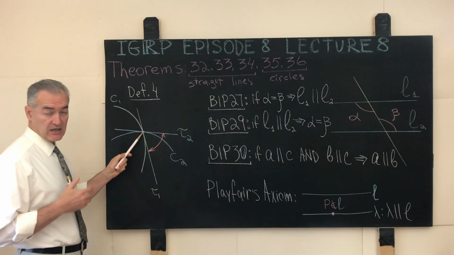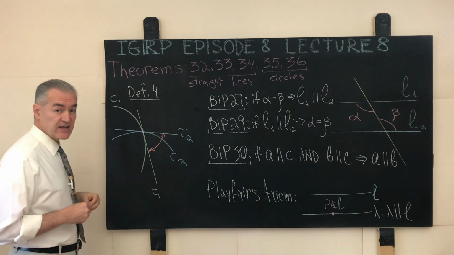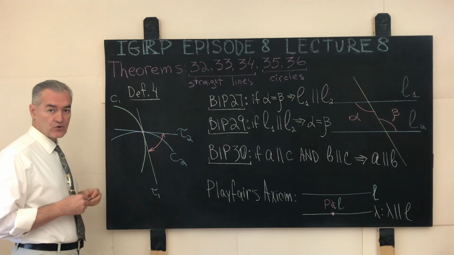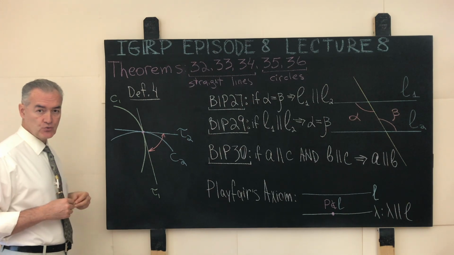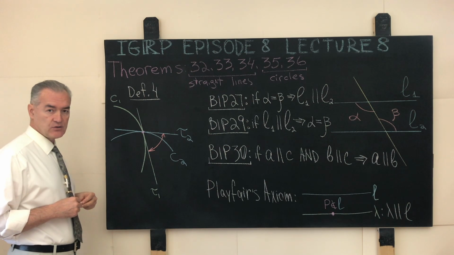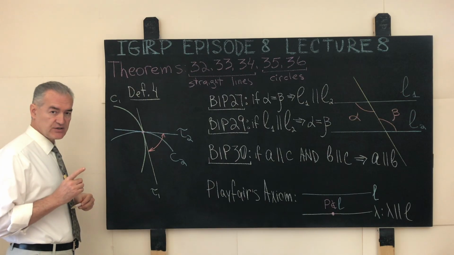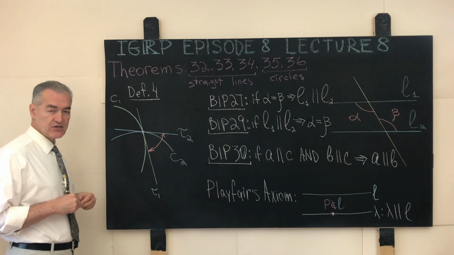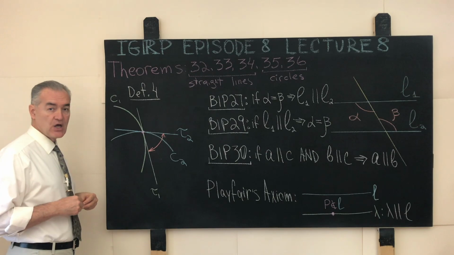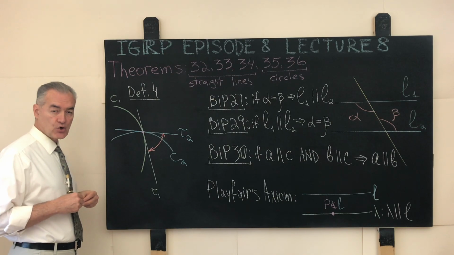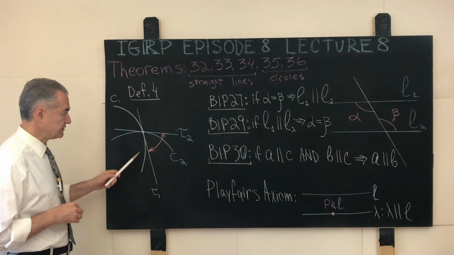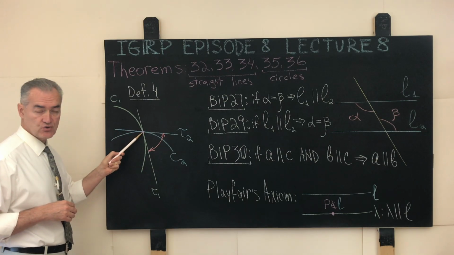And then, under these conditions, we define the angle between the curves C1 and C2 to be the angle between the tangent straight lines that are drawn to these curves through the point that these 2 curves have in common, such as the sample red point shown over here.